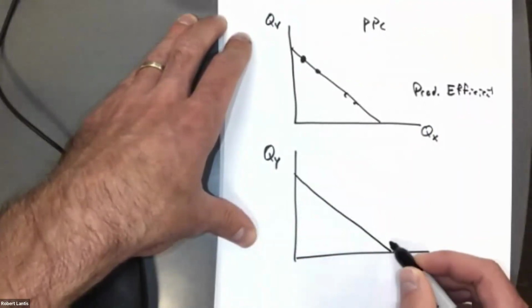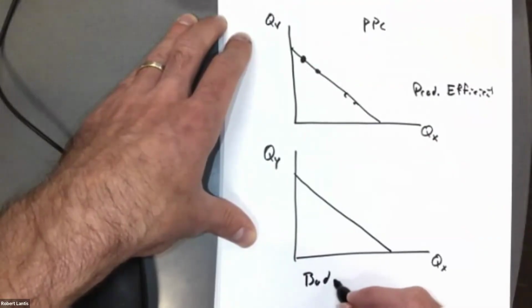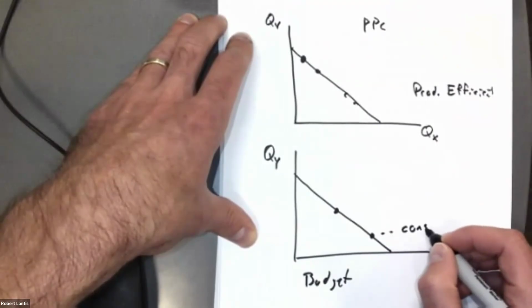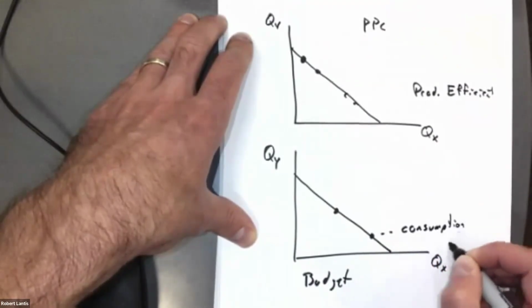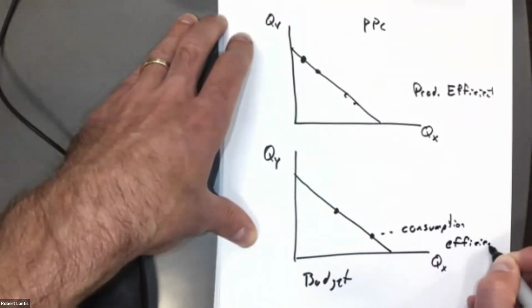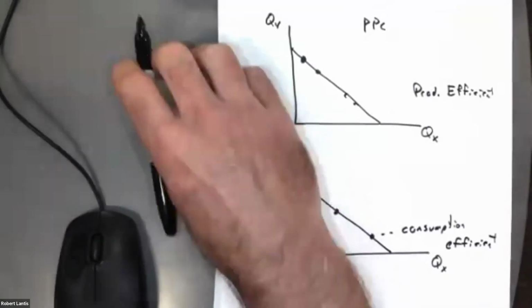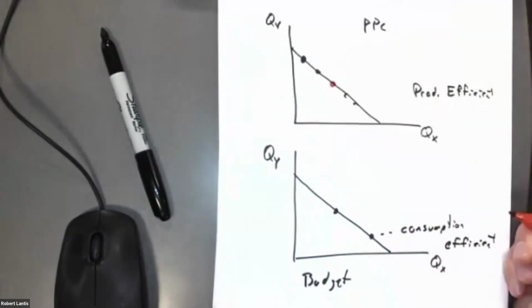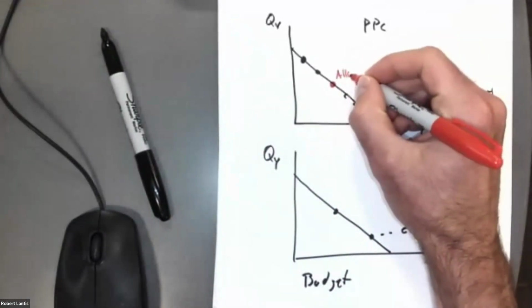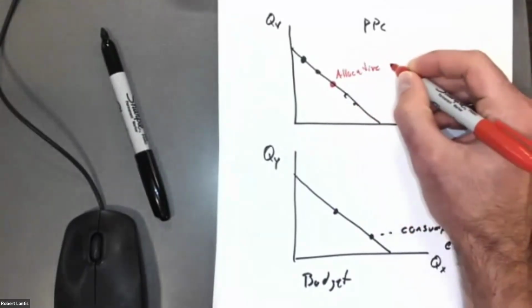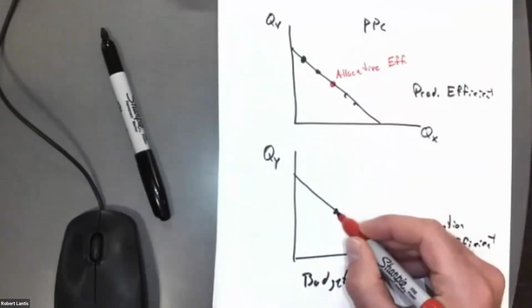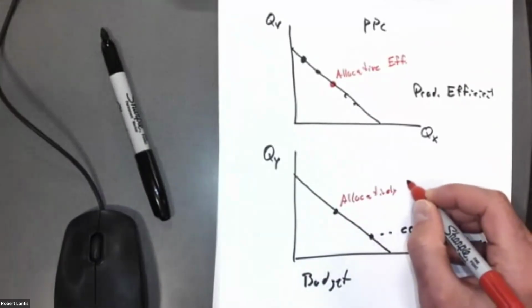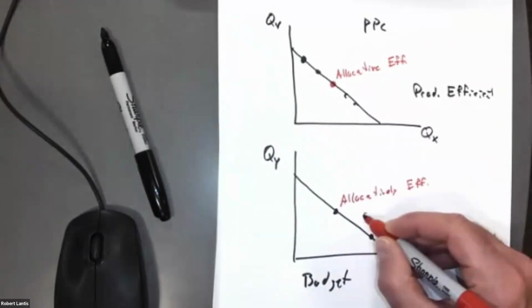Just like I said earlier, every point on my budget constraint would be consumption efficient. But we said there is only going to be one point on that production possibilities curve that was allocatively efficient. So for our consumers, there will be one point that's allocatively efficient, or what we end up calling the consumer optimum.